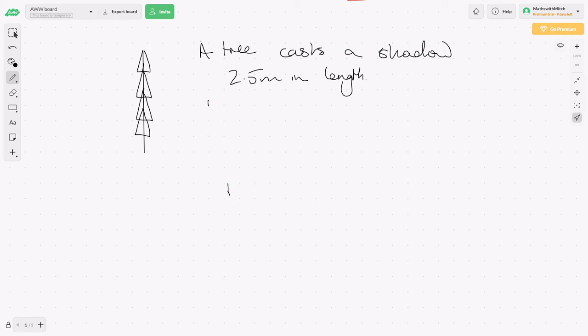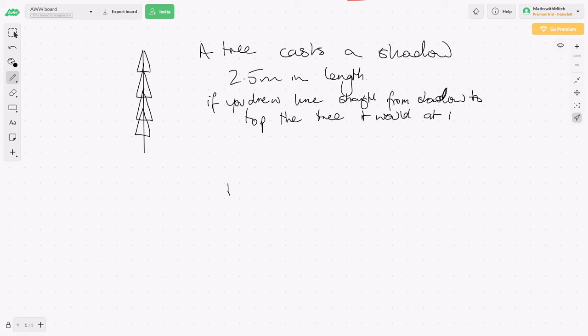If you drew a line straight from the top of the shadow to the top of the tree, it would be at 60 degrees. How tall is the tree?